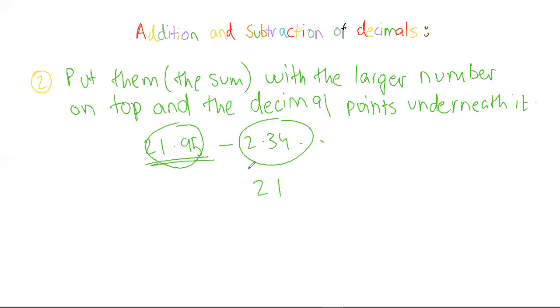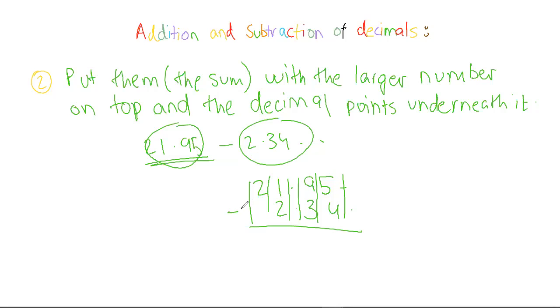Make sure to leave some gaps between the numbers, and then get the smaller decimal number below it. Make sure each and every one of these numbers and decimal points are in a vertical order, so that there is no confusion and you can solve it neatly.